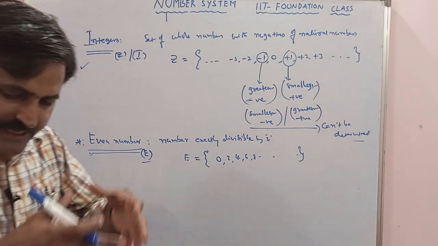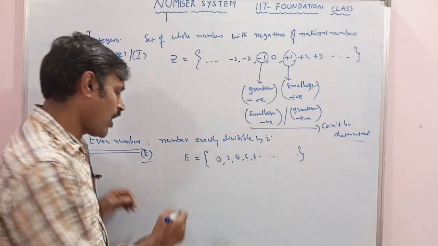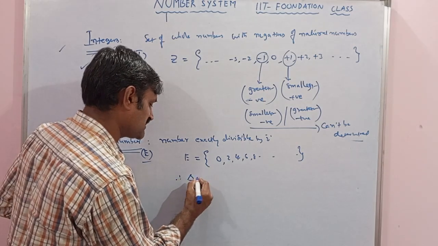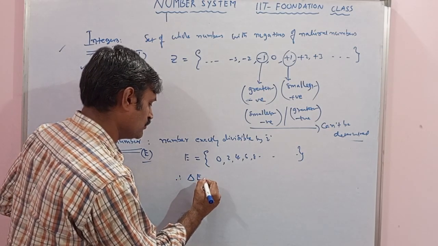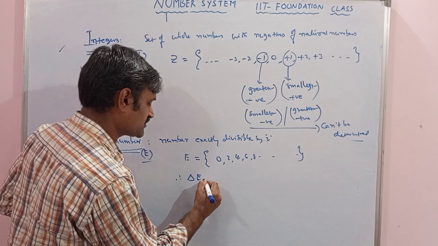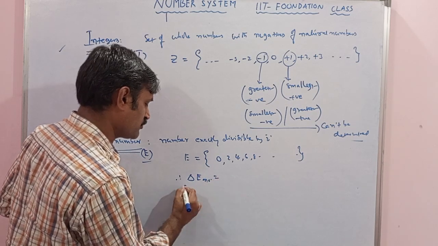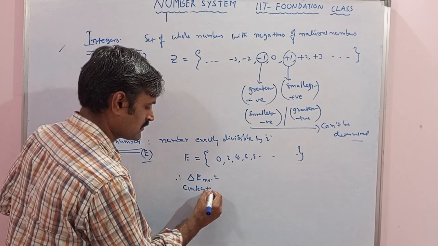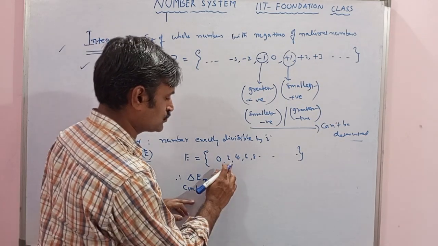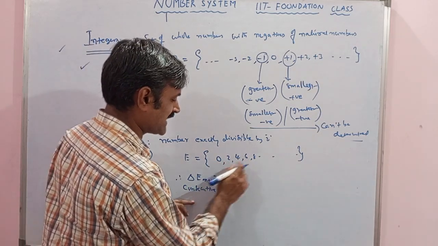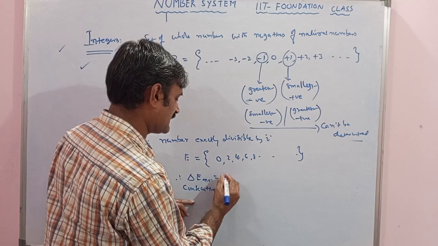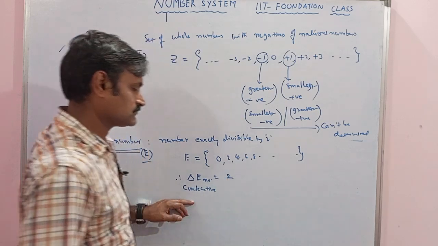The difference between any two consecutive even numbers is how much? Consecutive even numbers, that means 0 and 2, 2 and 4, 6 and 8. Anything you take, that difference will be 2.